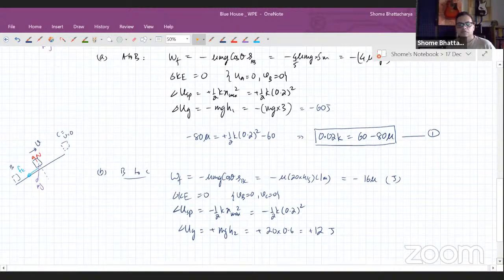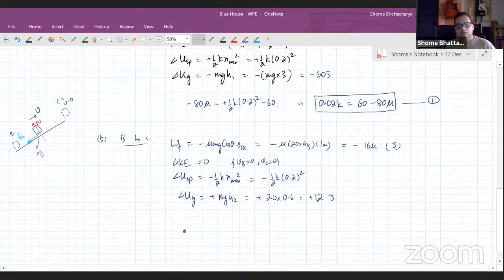Okay, so when we write this, work done by friction, minus 16 mu, is going to be change in kinetic energy, that's 0, plus change in potential energy of the spring, plus change in gravitational potential energy.